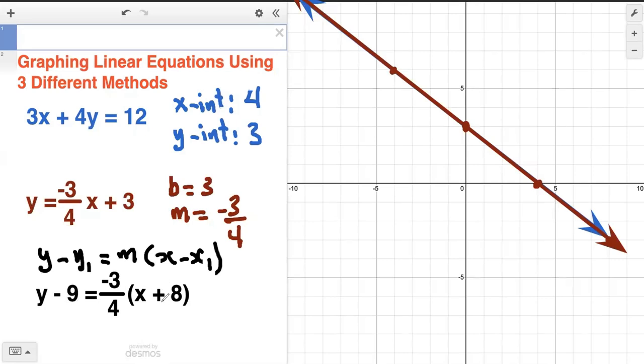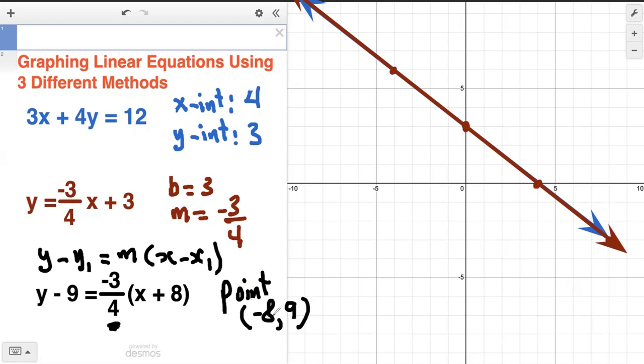So you always change the sign. So x and y, that is the point here, is -8 for the x and 9 for the y. And m is the slope, so the slope is -3 over 4.